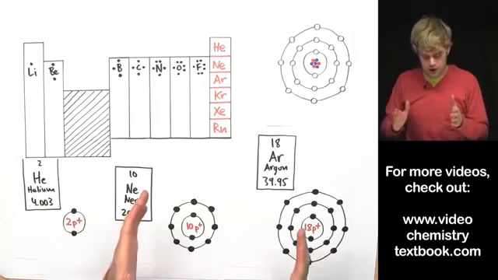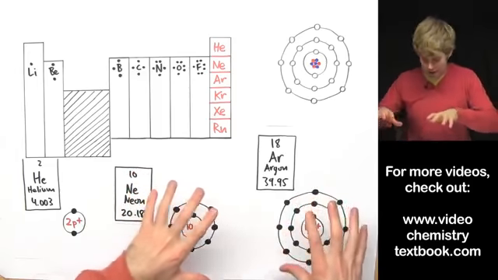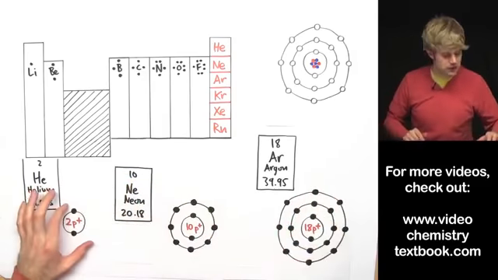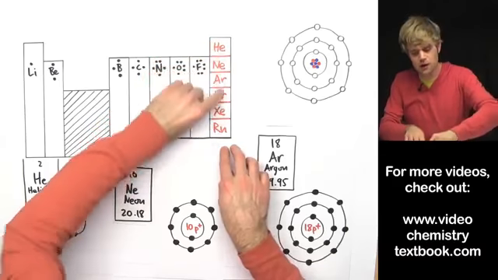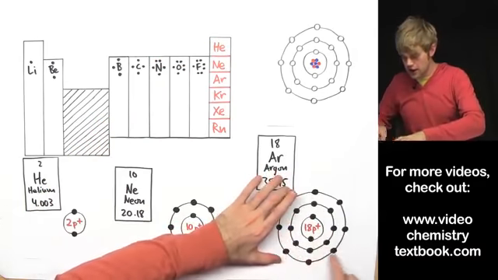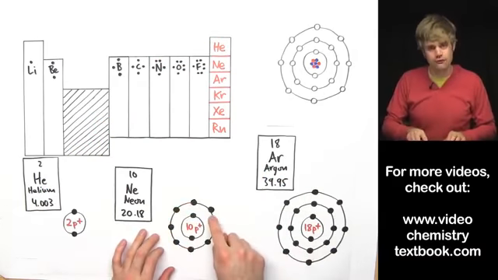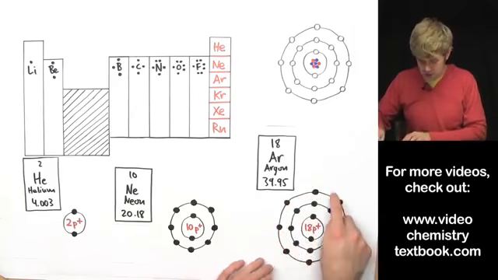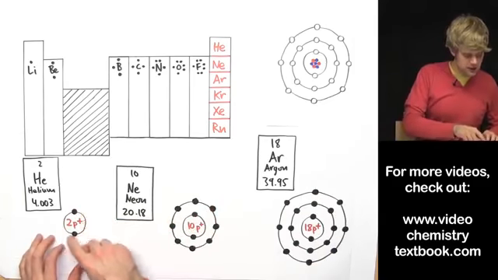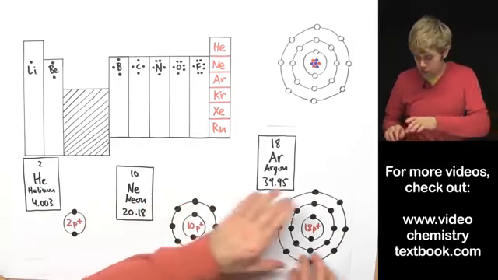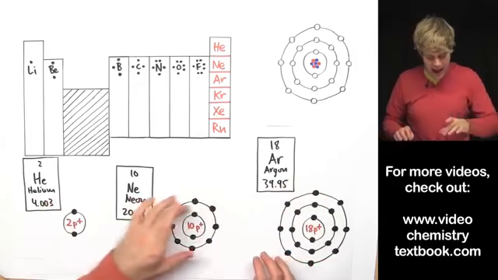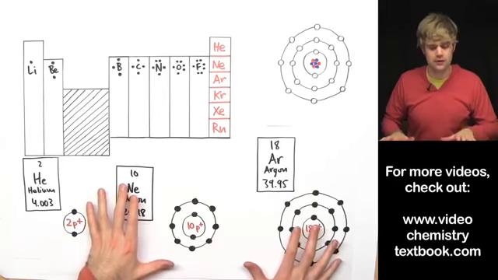But regardless of whether you have 8 or whether you have 2, if you're in this column, your valence shell is totally full. Okay? So here it's full with 8, here it's full with 8, and here it's full with 2. But they're all full, and there aren't any empty holes in the shells.